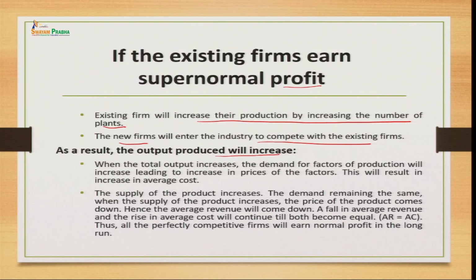Therefore, the production will increase, the output will increase, and because of the increase in output, what will happen? The total output increases, and the demand for factors of production will increase, definitely, because when you are producing more, you will be demanding more factors of production, you would be needing more land, more money, more capital, more people, right. So, the demand for factors of production will increase, and because of the increase in demand, their price will increase, right. The things which were earlier available to you at lesser prices, now their price will increase, which will increase your cost of production, right.